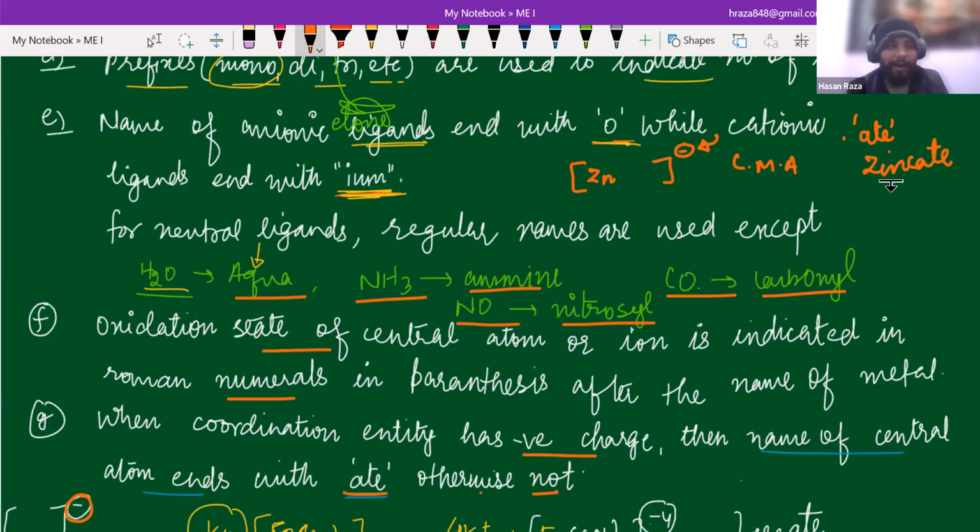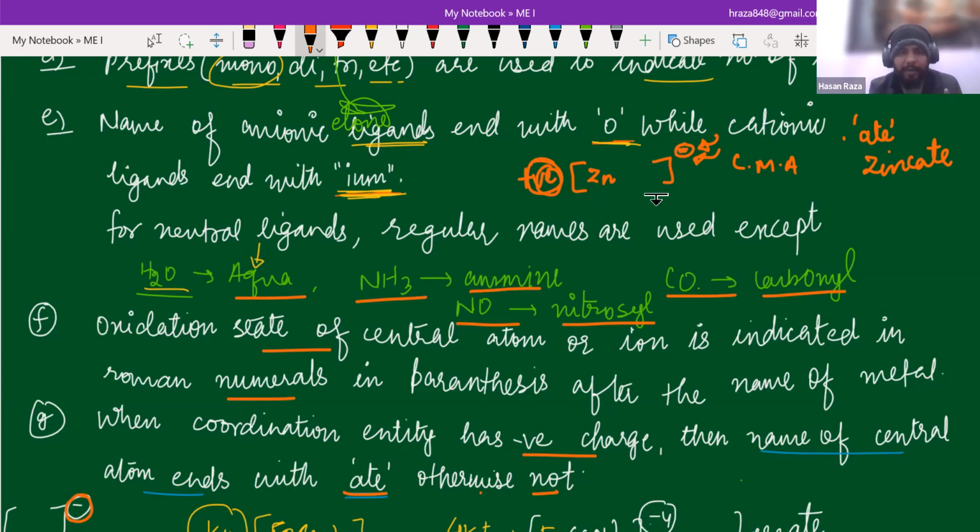Now, how are you going to recognize where the negative charge is hidden? It will be directly written, or you can see that the charge is negative on the square bracket, or there will be a positive counter ion. If a positive counter ion is there and you ionize it, there will be a negative charge.